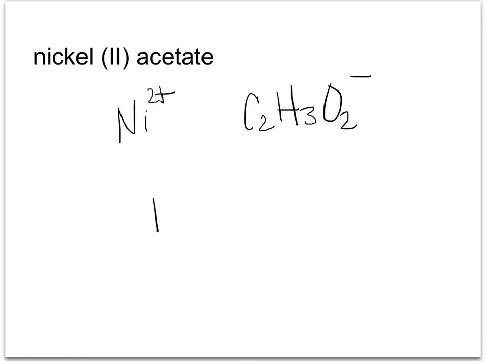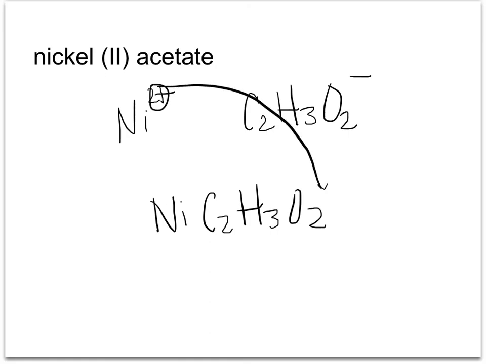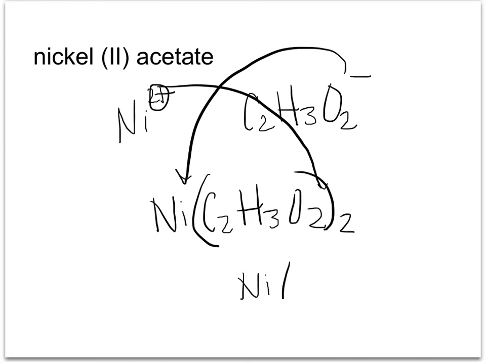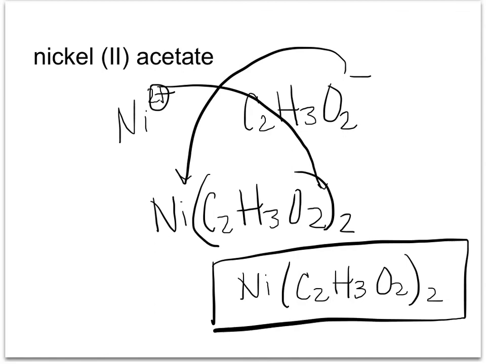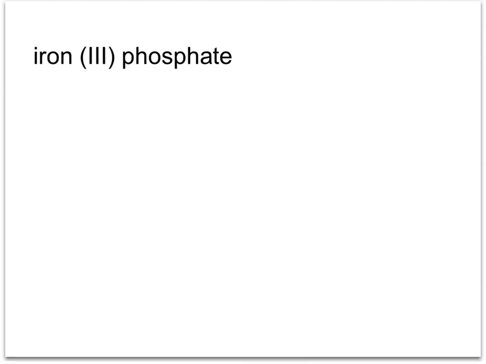So I go ahead and write NiC2H3O2. Just as before, I take this 2 down here, but I can't put just the 2 there because then it looks like 22. You've got to put parentheses in, with the 2 outside. This understood 1 applies to the nickel. So the formula is Ni(C2H3O2)2. That is nickel 2 acetate.